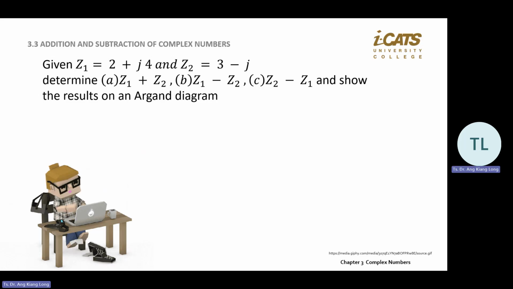Okay, do the same for C. Z2 minus Z1, so it's 1 minus 5j.